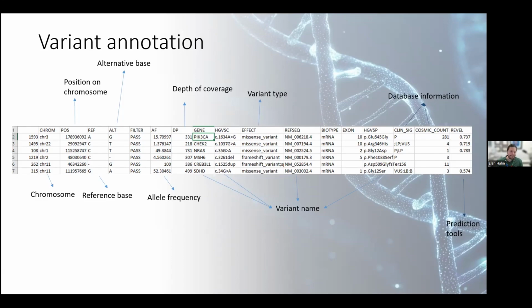The variant type, our RefSeq transcript ID, which is very important to record so that we know exactly what position we're looking at when trying to compare reports from different labs. And then some other database information, which could be publicly available databases, as they are in this case. So ClinSig is pulled from ClinVar, and the COSMIC count is the amount of these variants in tumors in COSMIC, and we're going to get to those databases in a little more detail today. And then some prediction tools to see, is it predicted to be deleterious or not?